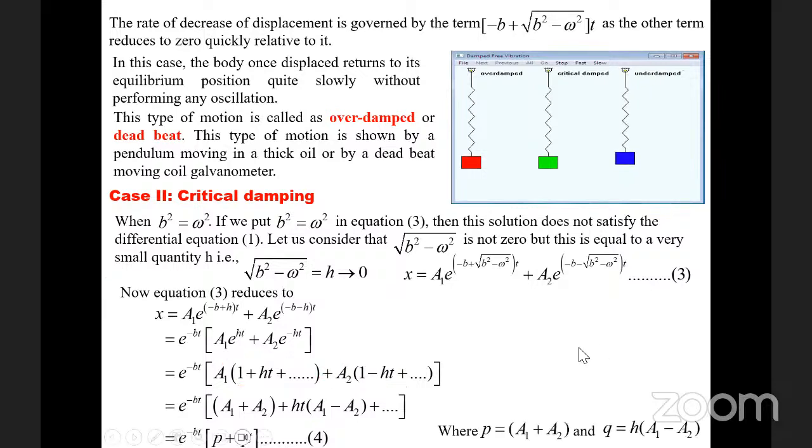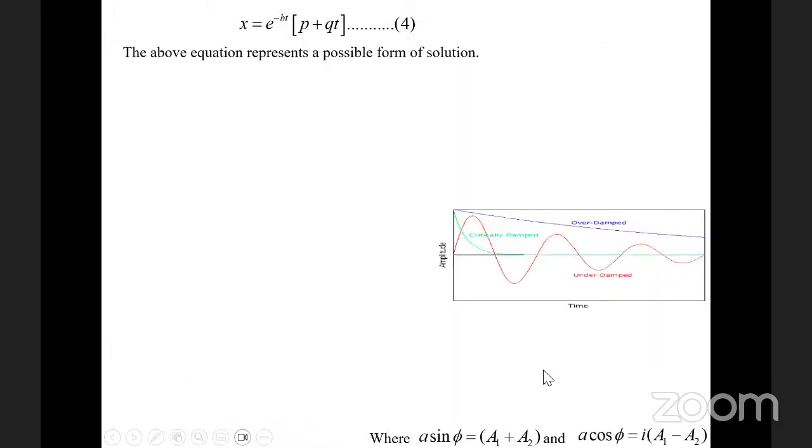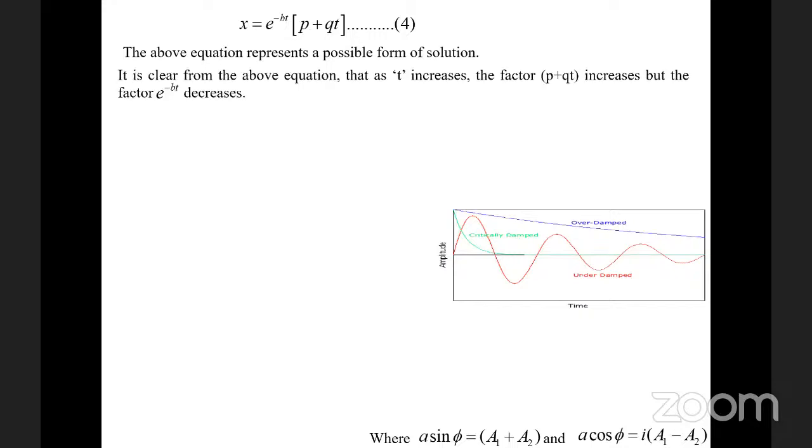This is equation number 4. Let p be this, q be this. Next, the same equation: x equals e power minus bt into p plus qt. So this equation represents a possible solution.